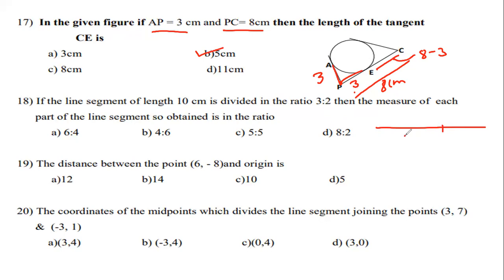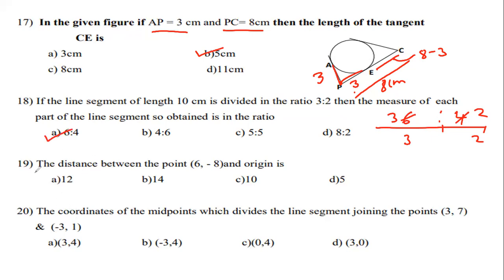This is 3 parts and this one is 2 parts. So 3 twos are 6, 2 twos are 4. You will get 6 is to 4. When you cancel this, you will get again 3 is to 2. So which option is right? 6 is to 4. Okay.